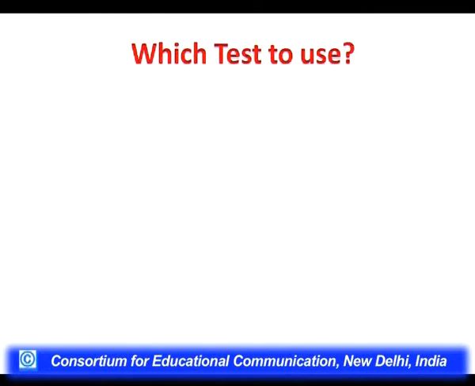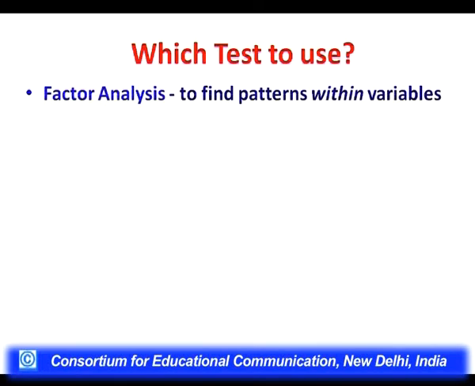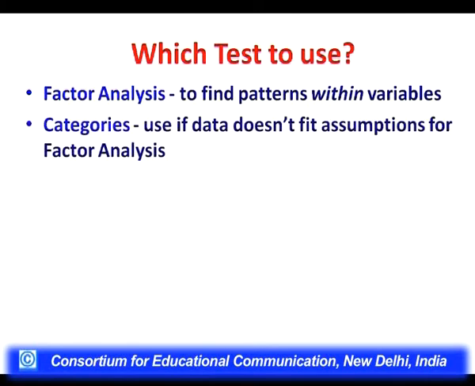Which test to use now? I have shown a number of tests, then finally what and which test gives us the best results. Factor analysis. This particular analysis is used to find out patterns within variables. And categories, use if data does not fit assumptions for factor analysis.